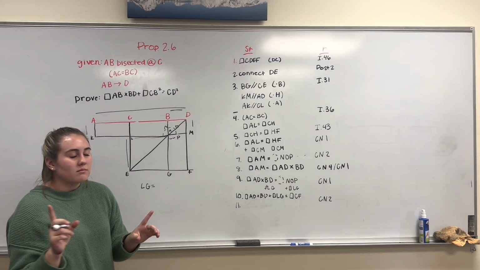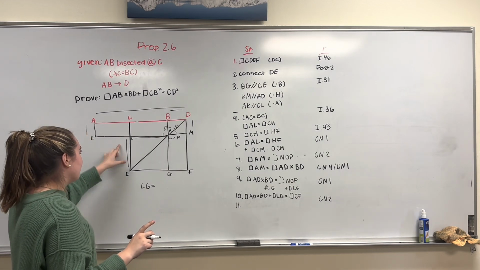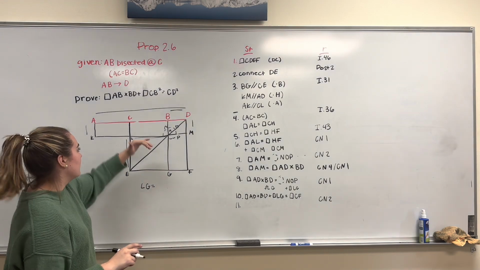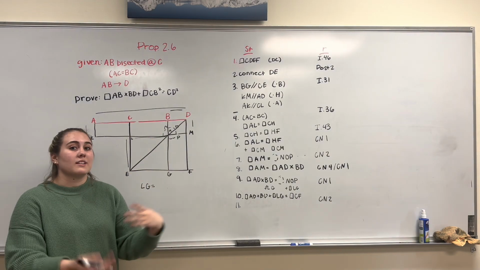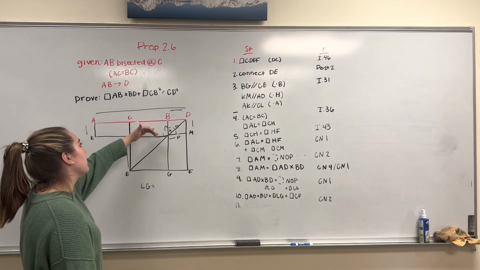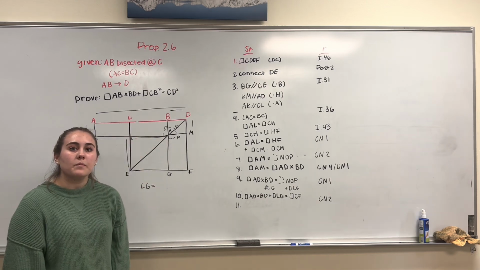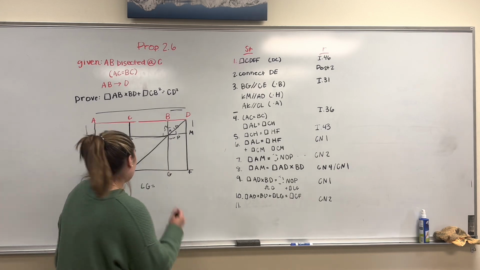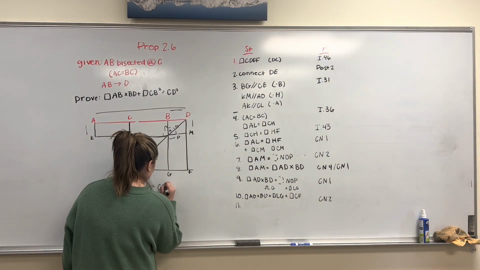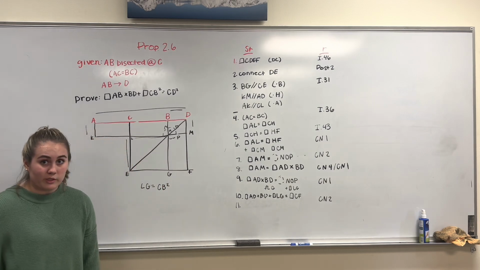But again, LE is equal to LH. So it would be 2 LH's, so LH squared equals LG. But Euclid again takes it a step further. He says LH is equal to CB. And so if it's LH squared, then it's also CB squared. So LG equals CB squared.